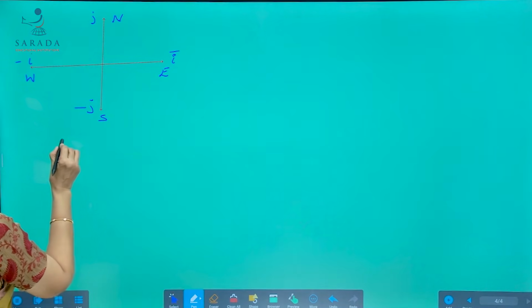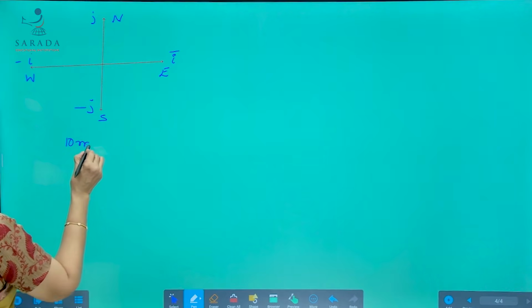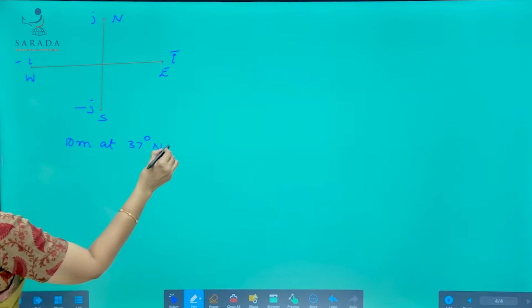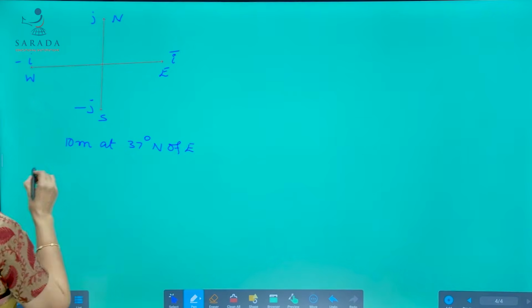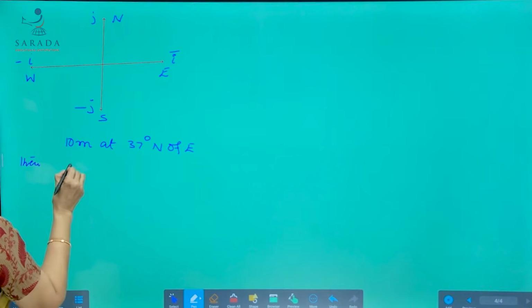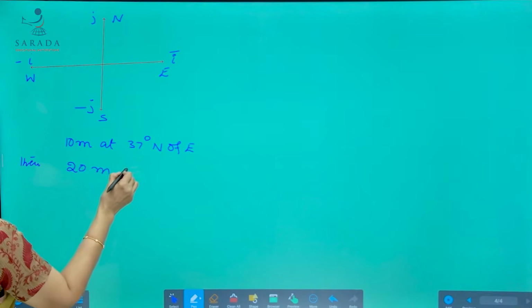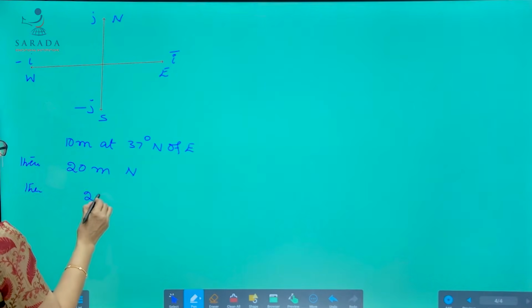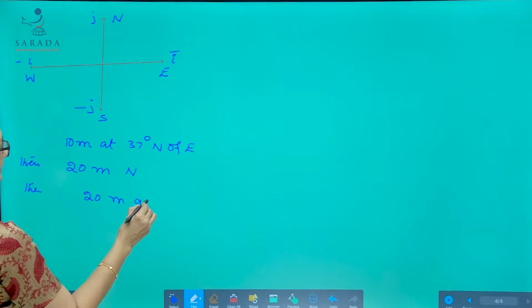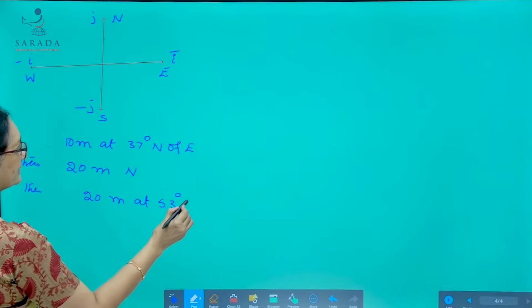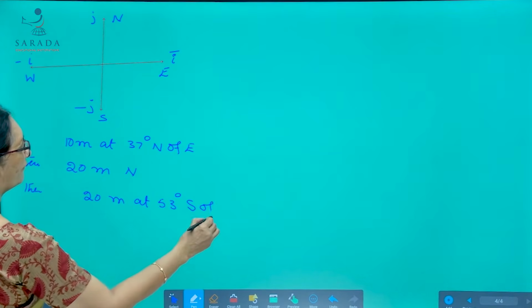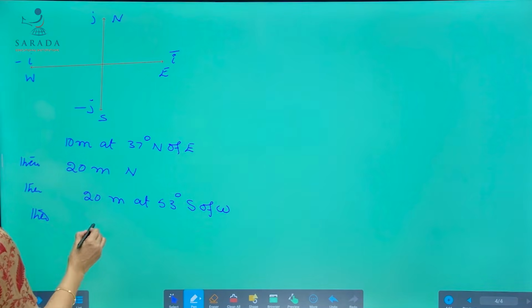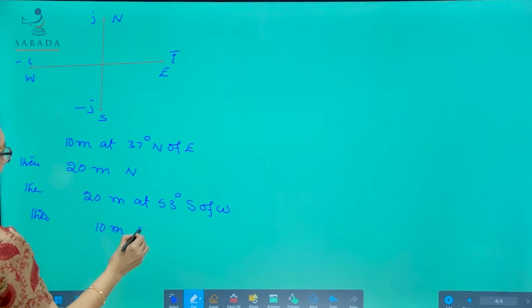A body moves 10 meters at 37 degrees north of east, then 20 meters north, then 20 meters at 53 degrees south of west, then 10 meters east.